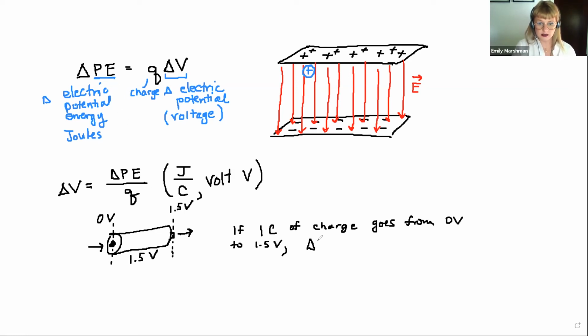Delta PE is going to be 1 Coulomb of charge, that's Q, times the change in the potential, which is 1.5 volts, or joule per Coulomb.